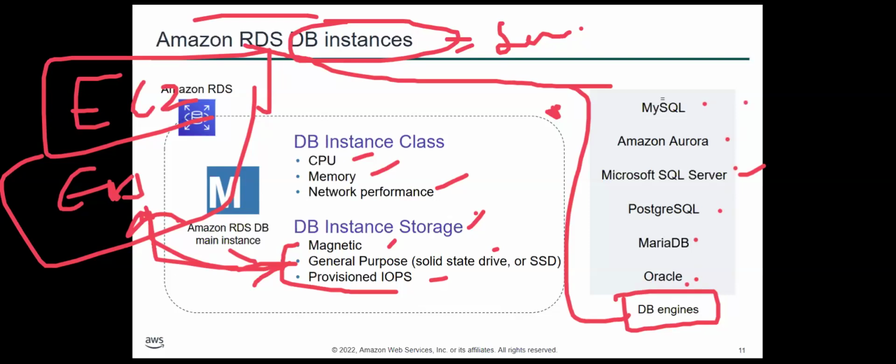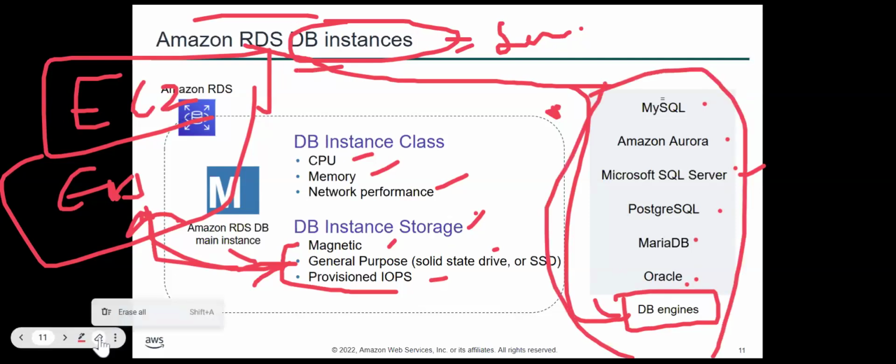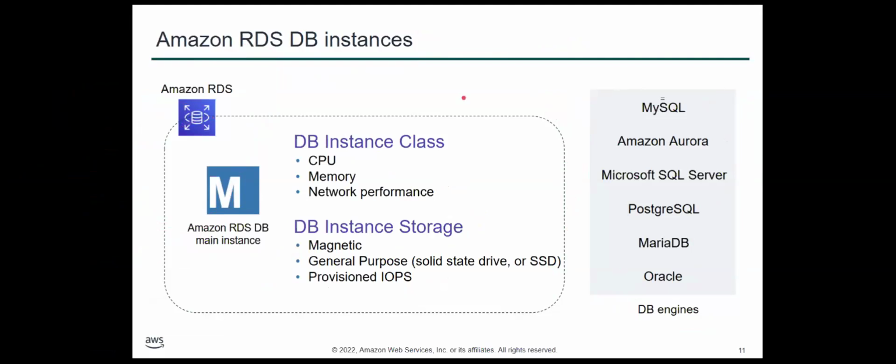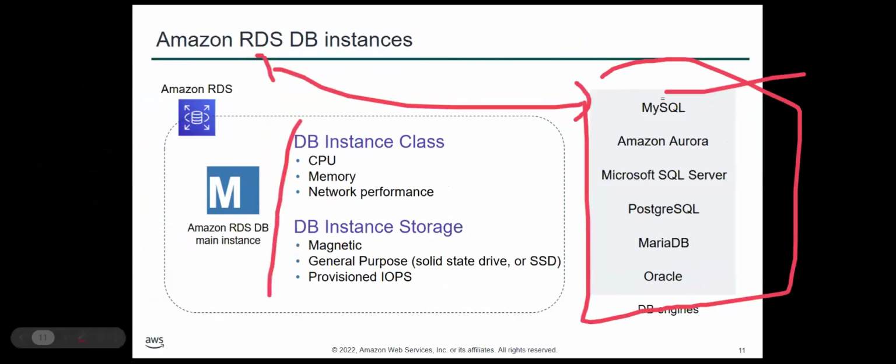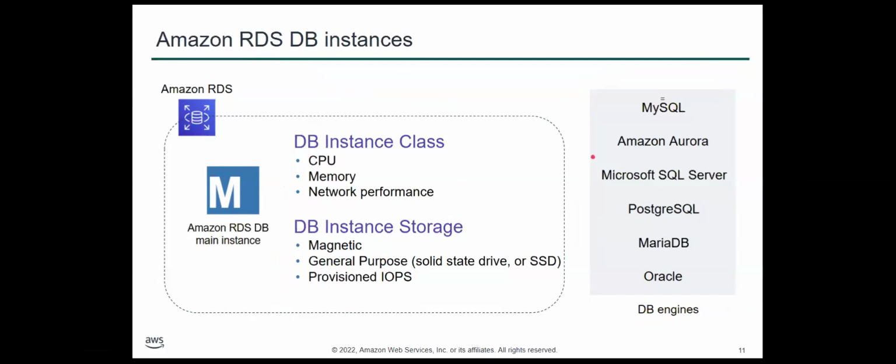Only these will be taken care of by the database management, that is your database engine. Only these six are supported by RDS. If you're making a note, you can just make a note: only these six RDS will support. And as RDS is a server, it will have all these things: CPU, memory, network, and storage. That is our choice; whichever one we want, we can select it.